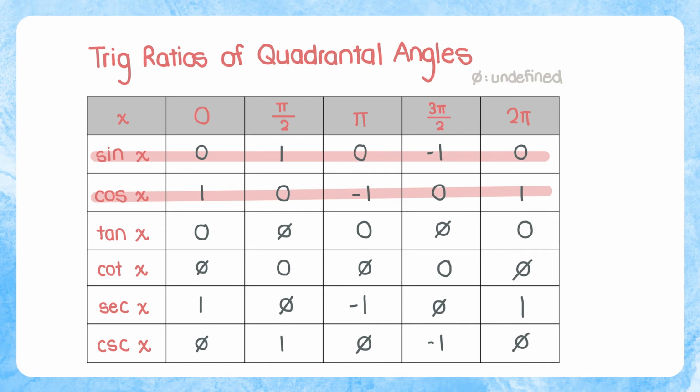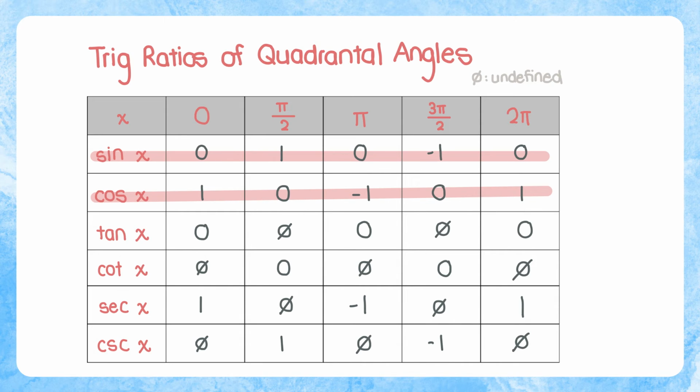But even if the quadrantal angles are written in radian form, like this, all the trig ratio values remain the same because, for example, 0 radians is the same thing as 0 degrees, just written with different units. And pi radians is the same thing as 180 degrees.